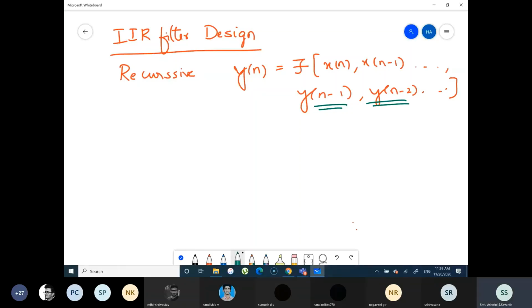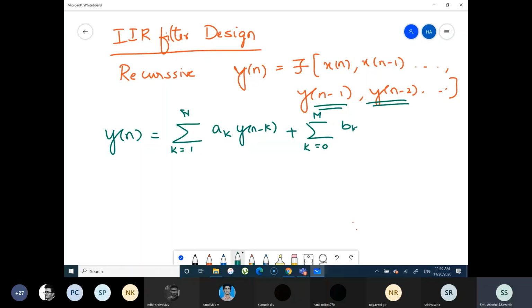Okay, so the difference equation for an IIR filter can be written in general as y of n equals summation a k y of n minus k, k from 1 to N, plus summation k equals 0 to M b k x of n minus k. So you can see that we have past outputs here, and also the past and present inputs, in the difference equation for an IIR filter.